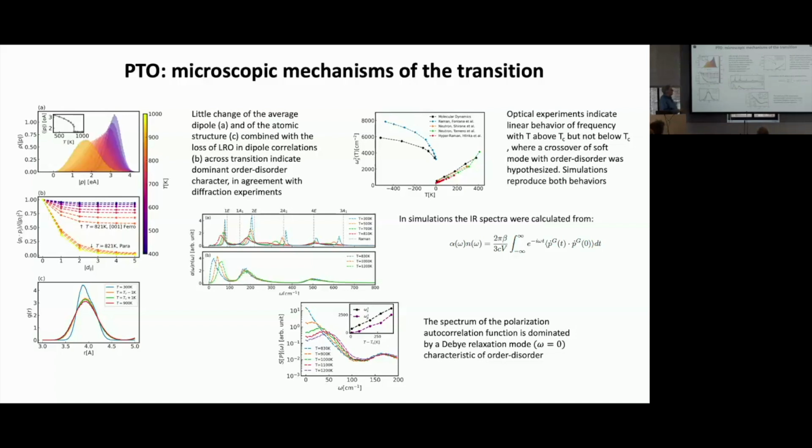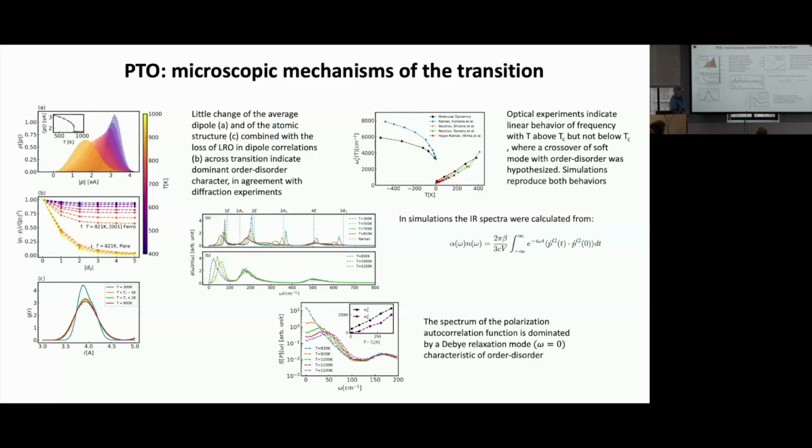Now, we were for a while wondering why there seemed to be a sharp, or relatively sharp, mode, but the relatively sharp mode in this calculation is masked by the fact that here we have the time derivative of the polarization correlation function.